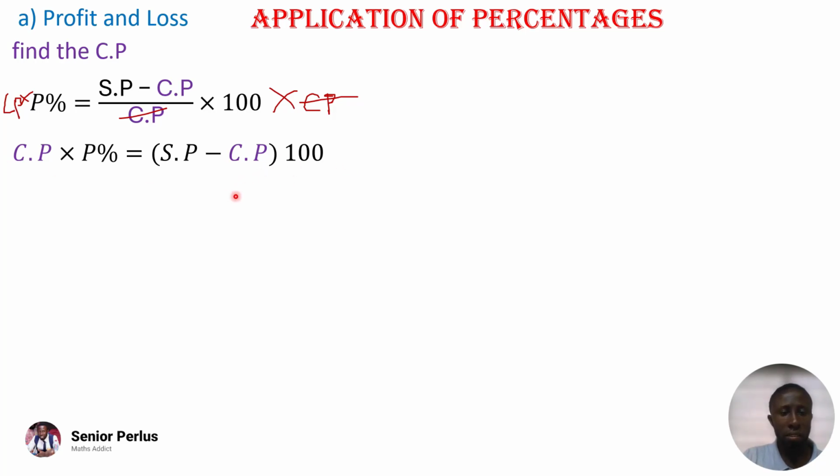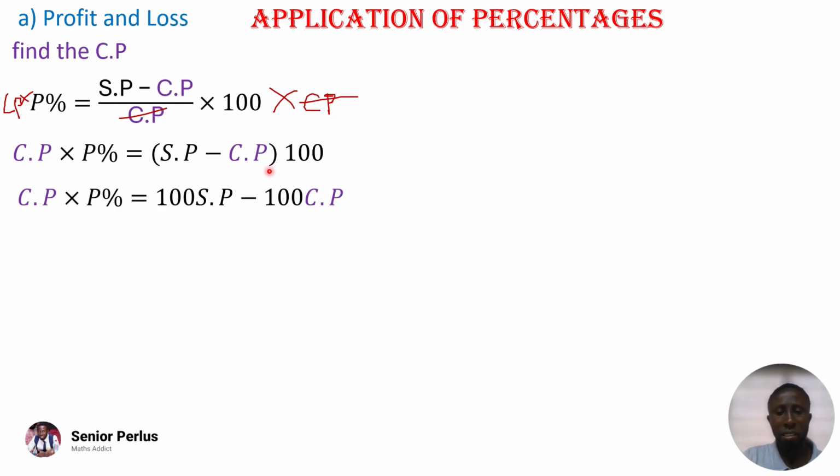So we have to multiply through by 100 to make the work easier. Multiply here by 100, here by 100, and just remove the bracket. So 100 times SP gives 100 SP, and 100 times negative CP gives negative 100 CP. Good, so we just remove the brackets.